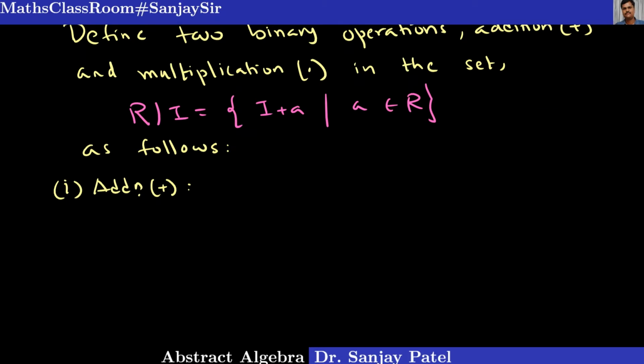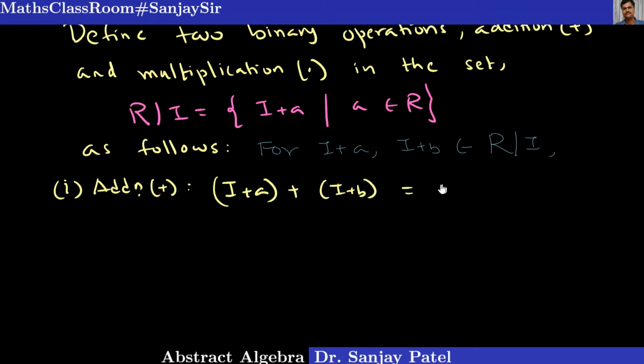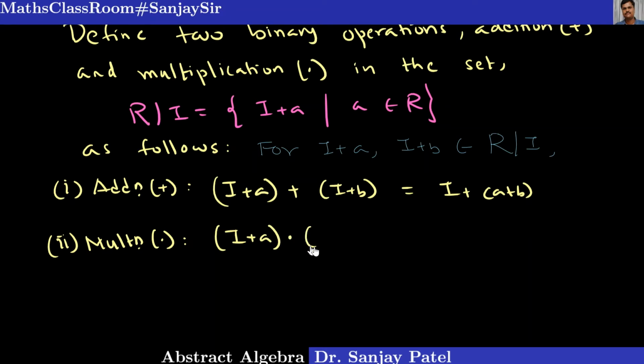Say for I plus A and I plus B belonging to the set R mod I, we define addition as I plus A plus I plus B is equal to I plus A plus B. Okay, and the second operation of multiplication of cosets, denoted by dot, is defined as I plus A dot I plus B is equal to I plus A dot B. Okay, this we are defining for all elements I plus A, I plus B in the set R mod I.